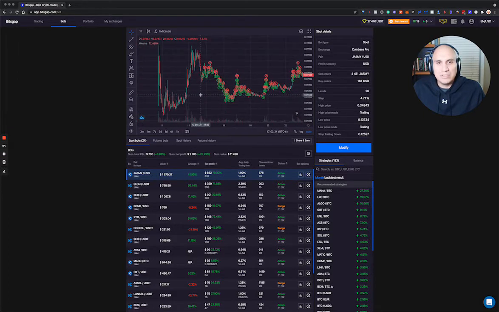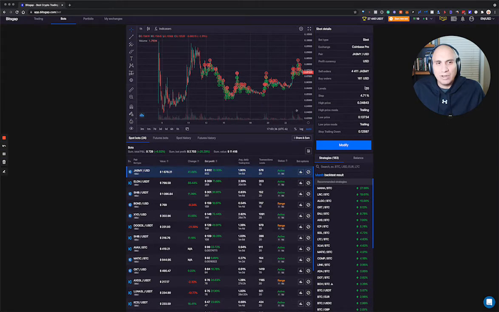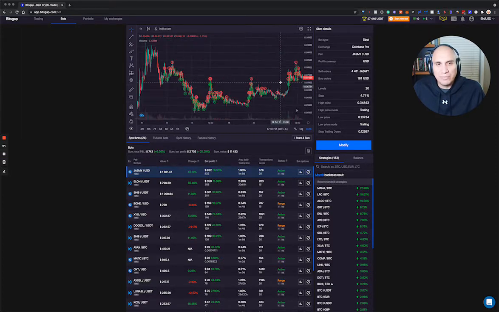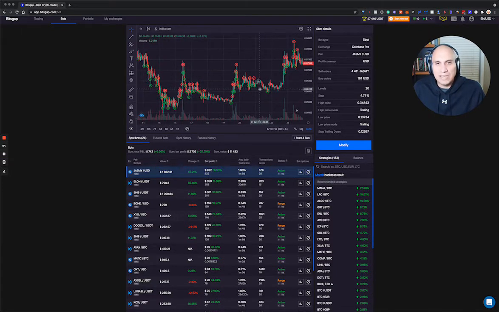It continues to do that within a certain level. So I'm running 20 grids, which means 20 lines across the chart, and they are an average of 4%. 4.71% is the step. So that means that between these lines is a 4% move. So every 4% move, it's buying and selling. Okay, so you can actually see exactly what it's done.